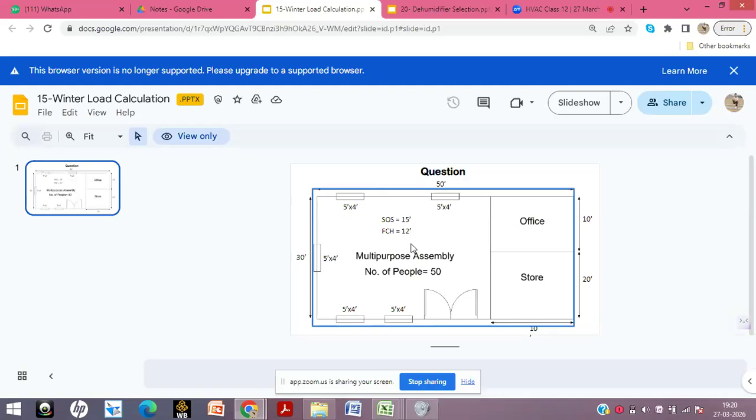We also need to calculate roof heat loss, because it is exposed to ambient, so again there will be heat loss. Then floor heat loss, as well as infiltration, and how much occupancy there is. These are the things we need to calculate, and then we can size our AHU. So now we'll see one by one.